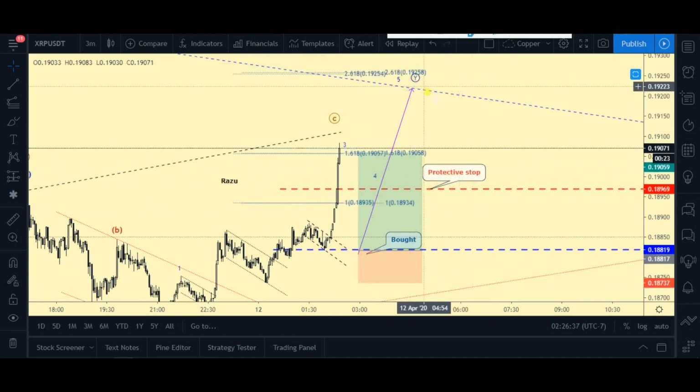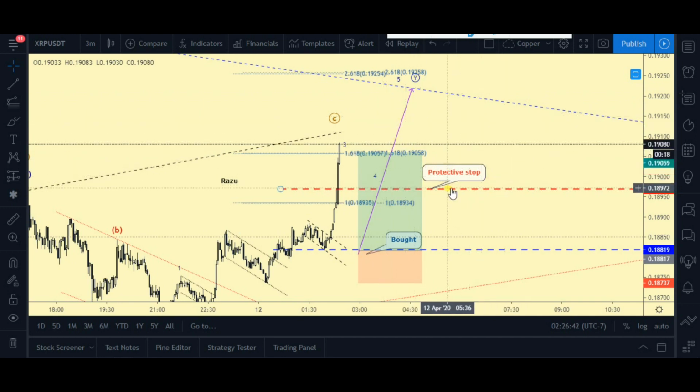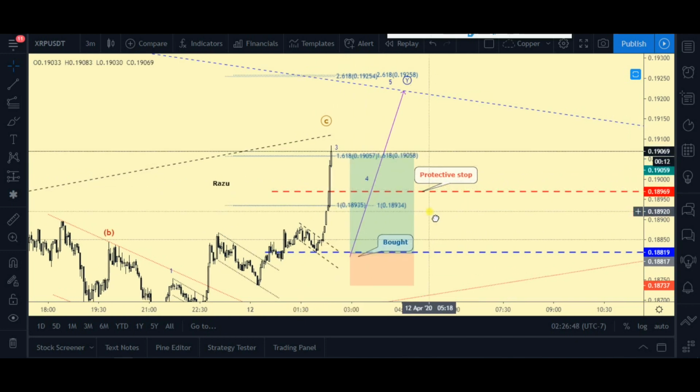So if the target reaches the fifth wave, then I'm going to make this protective stop much tighter in that case, but for the time being I'm putting my protective stop around here.